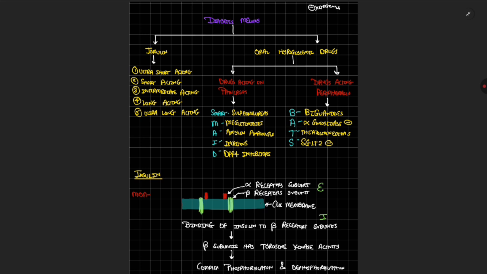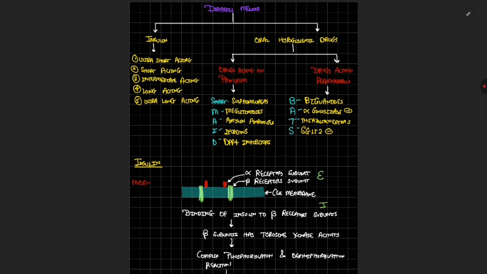Under insulin we have ultra short, short, intermediate, long and ultra long. Under oral hypoglycemics we have drugs acting on the pancreas and drugs acting on peripheral organs. For drugs acting on the pancreas, the mnemonic is SMART MADE: sulfonylureas, meglitinides, amylin derivatives, incretins and DPP-4 inhibitors. Under peripheral organs we have BATs: biguanides, alpha glucosidase inhibitors, thiazolidinediones, and SGLT2 inhibitors.